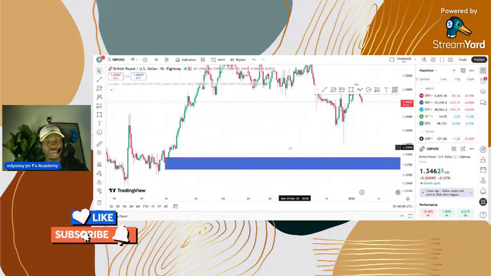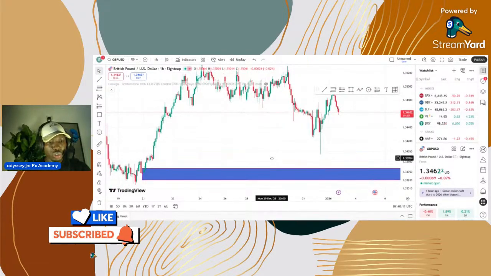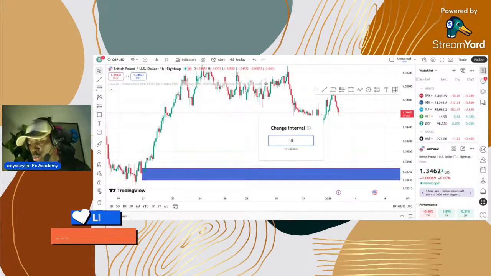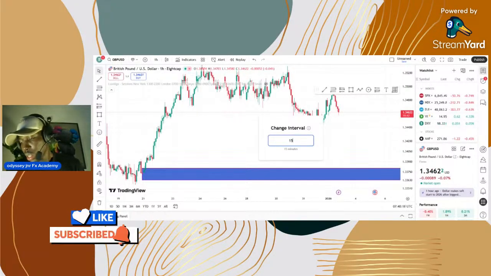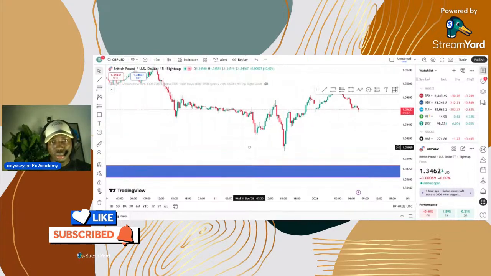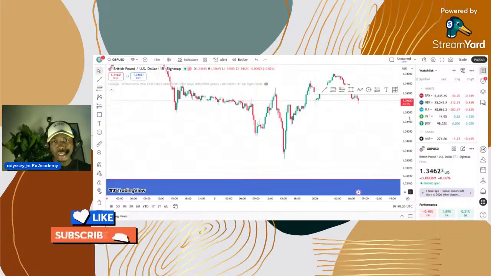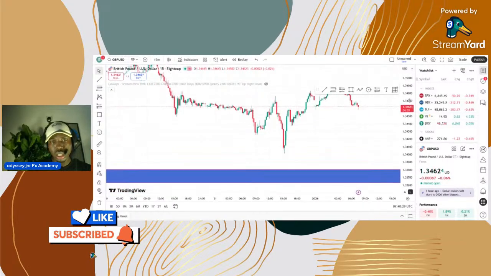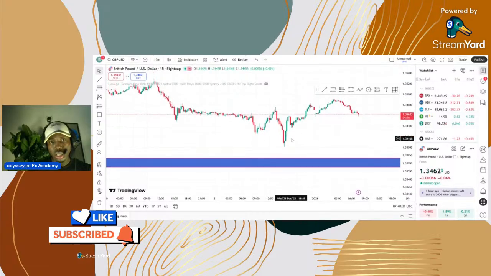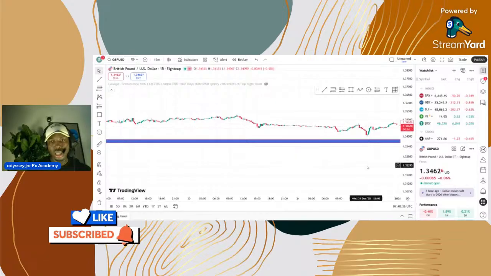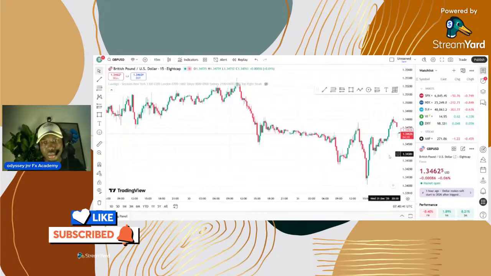So we look out for the 15 minutes. Although most times I also take my entry with this 1 hour time frame, but let me just see how 15 minutes plays out the recent markets.